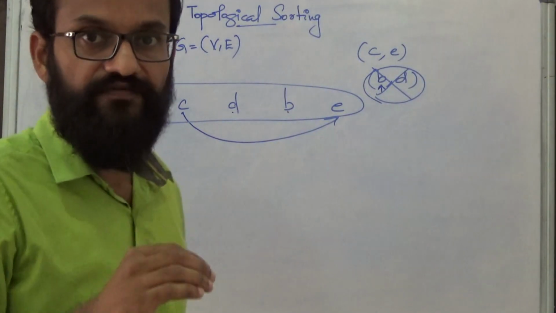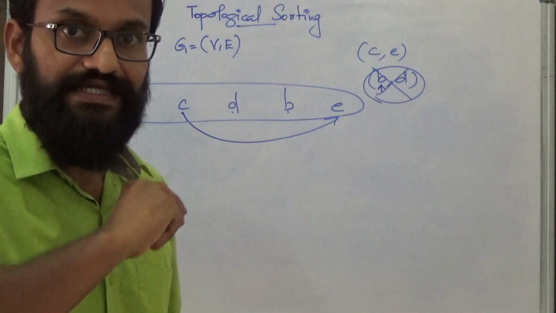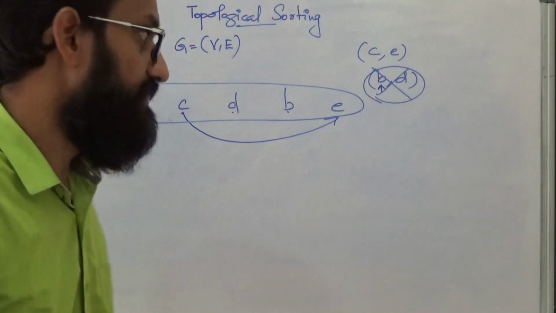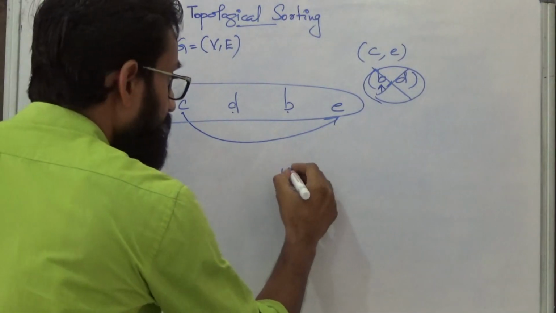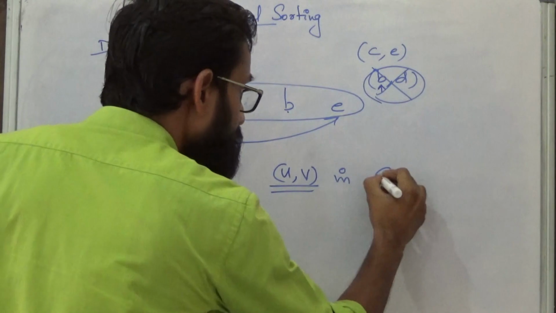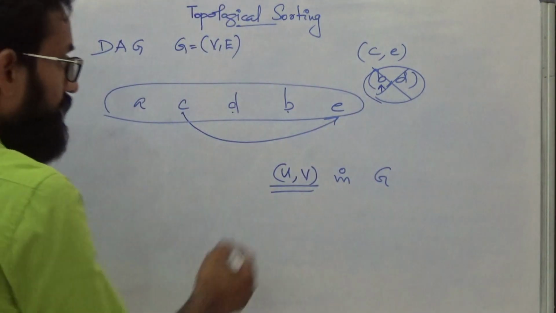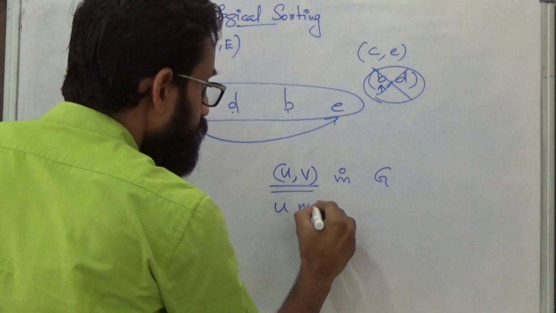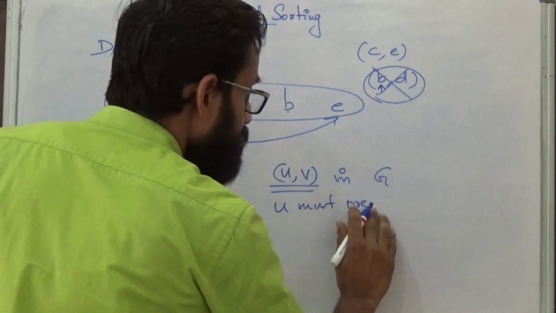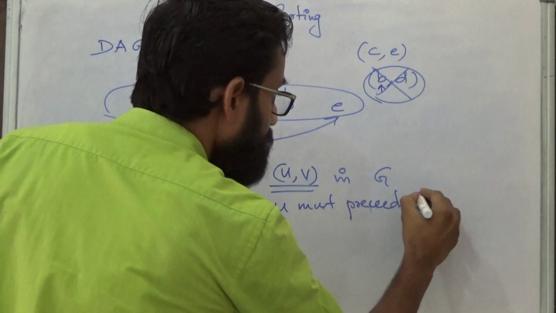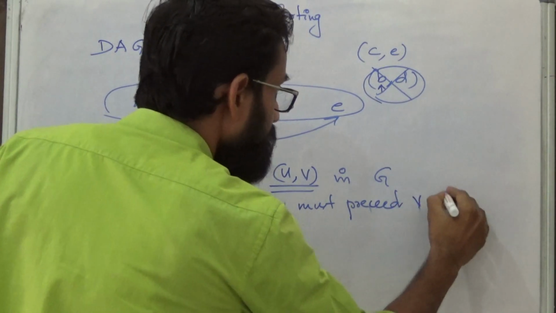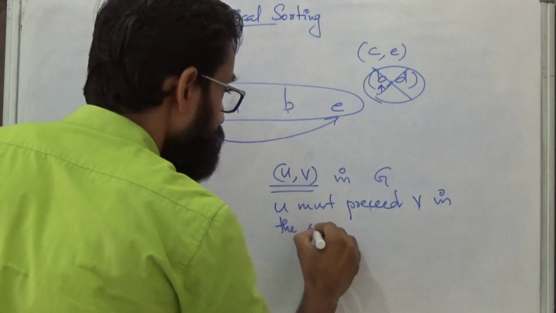So we can define a topological sorted sequence as a linear ordering of all vertices in the graph such that if you have an edge UV in G, then U must precede V in the sequence.